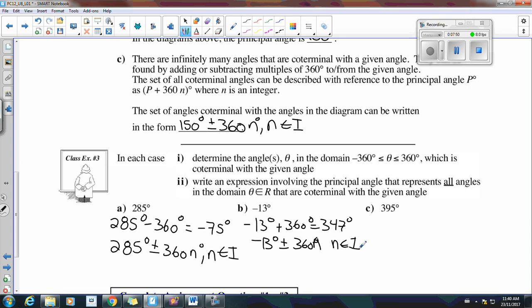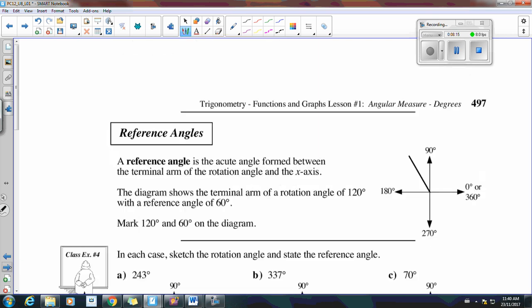Last one, we'll subtract 360, which gives us a coterminal angle of 35. And then we have 395 plus or minus 360n, where n is an integer.